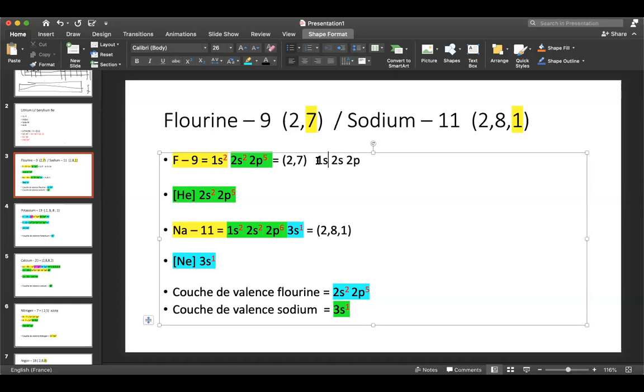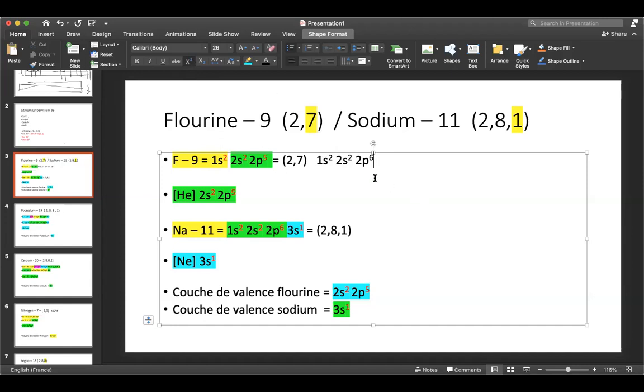But for now, this is how you do the electron configuration. How many electrons are occupied in the s orbital? Maximum it's 2. In the other s orbital, it's also 2. And the p orbital, we're going to have how many? 6.